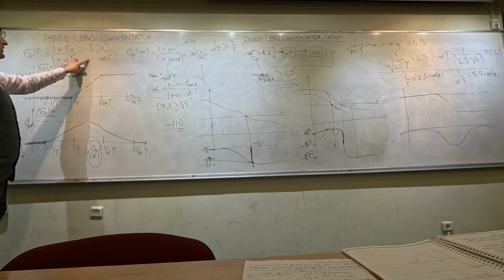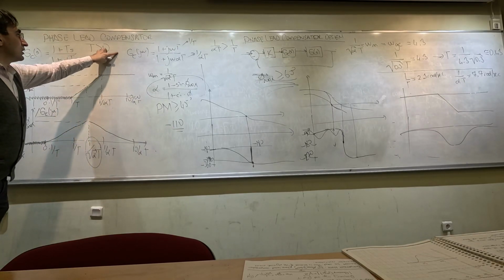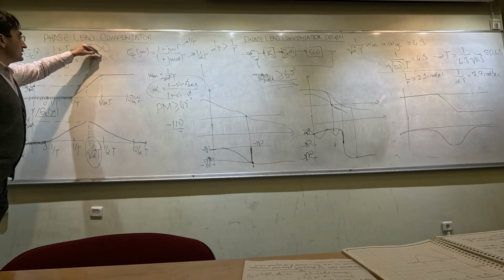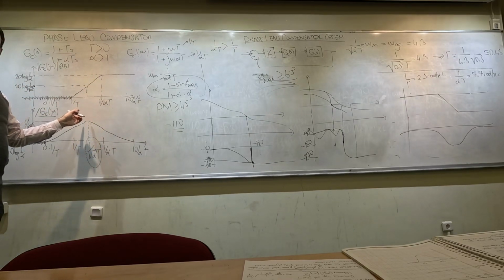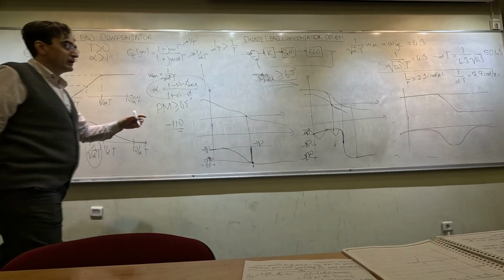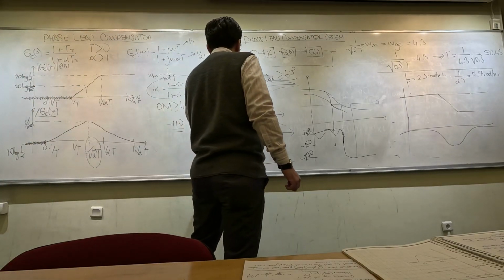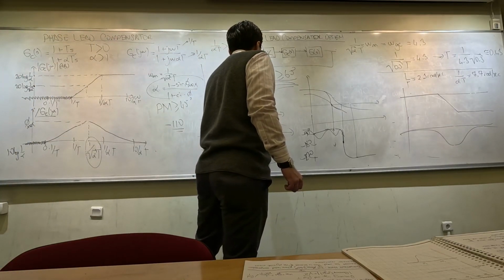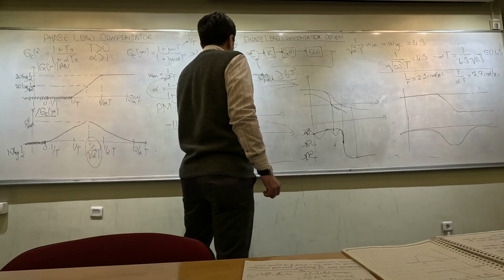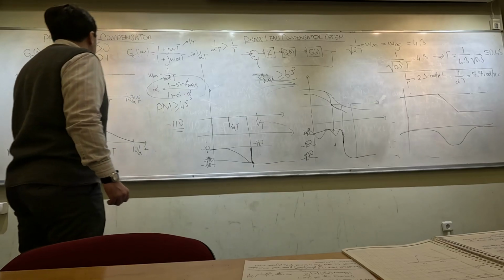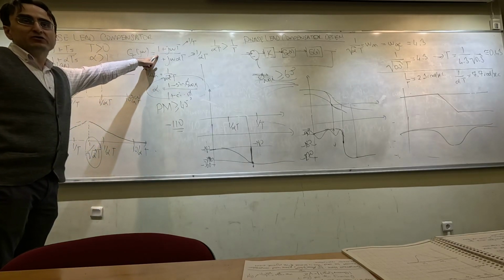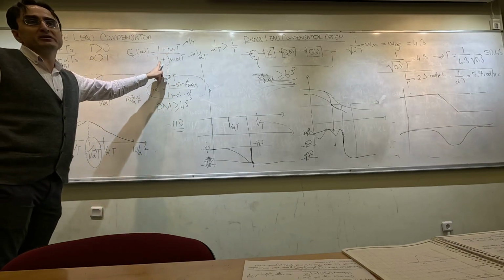We will just take alpha larger than 1. If alpha is larger than 1, then these corner frequencies are going to change places. When these corner frequencies change their places, I will have 1 over alpha T here, 1 over T here. So the first thing in this transfer function that is going to be active is the denominator.